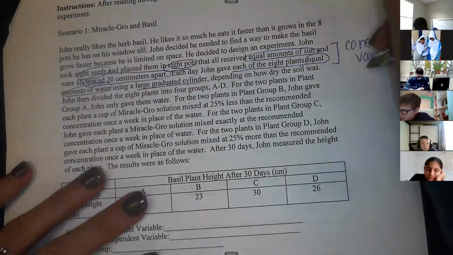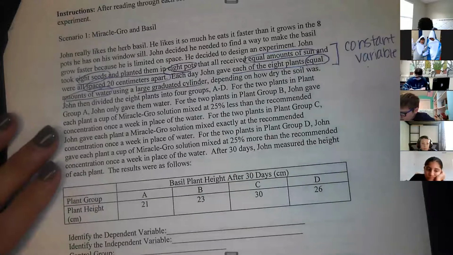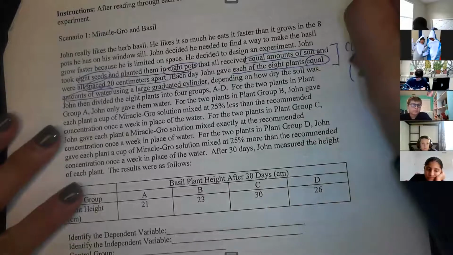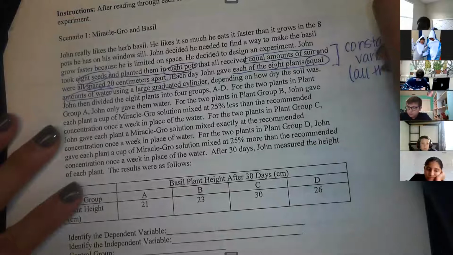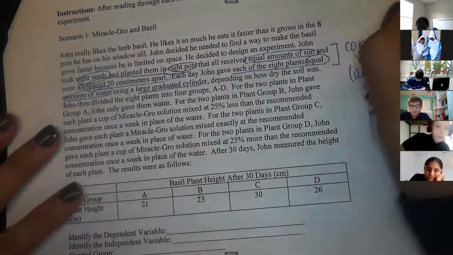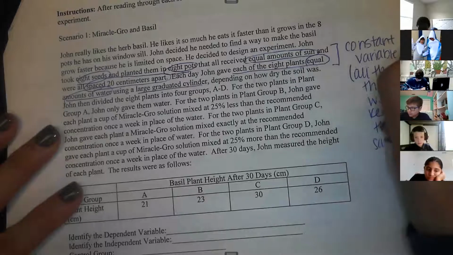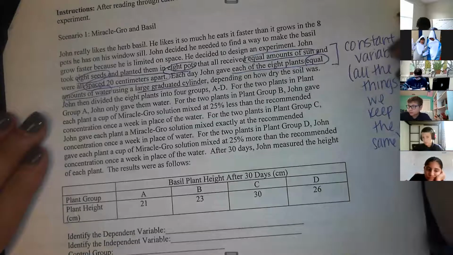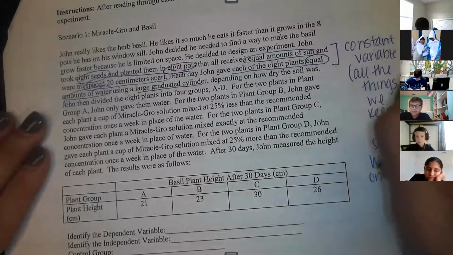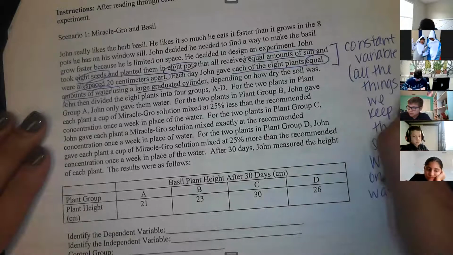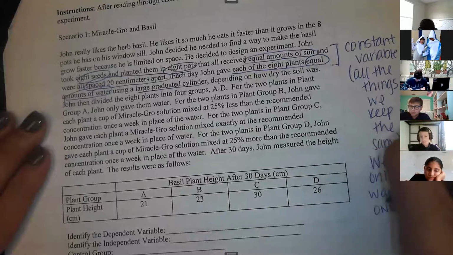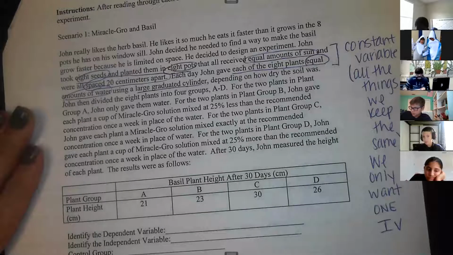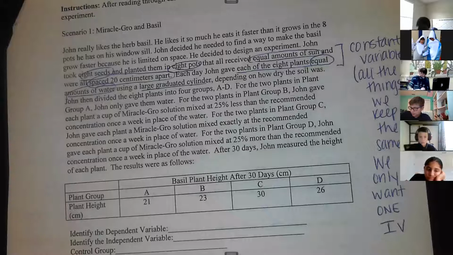Constant variables, these are all the things we keep the same. We only want one IV.